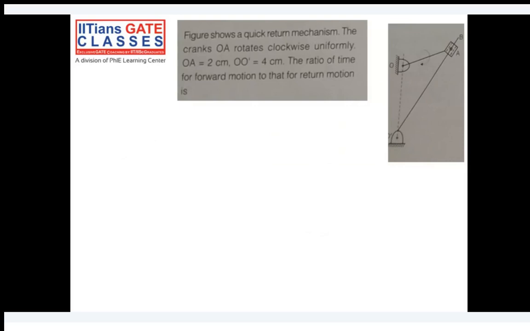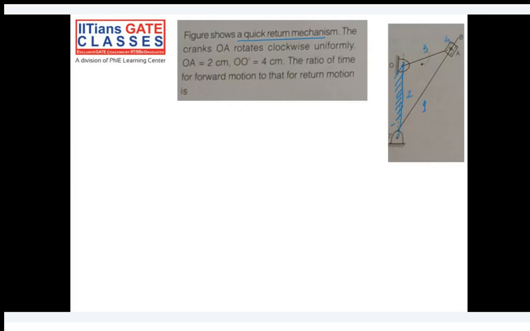Yeah, it's the second inversion, correct. The figure shows a quick return mechanism, and here we can clearly see the second link is fixed. So the first link, second link, third link and fourth link, this is what they have given, the crank OA.